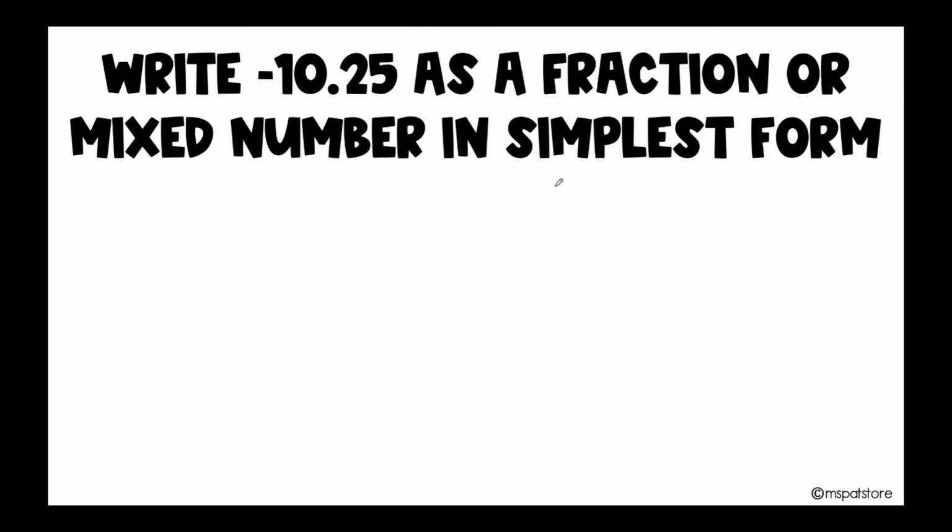How about this one? It has negative 10 and 25 hundredths. Pause the video and try to do this one by yourself. Very good. As you notice, this one has a whole number, 10 and 25 hundredths, okay? So I'll put negative 10 as my whole number. The numbers after the decimal point become my numerator, and the denominator will be the place value where my last digit is standing.